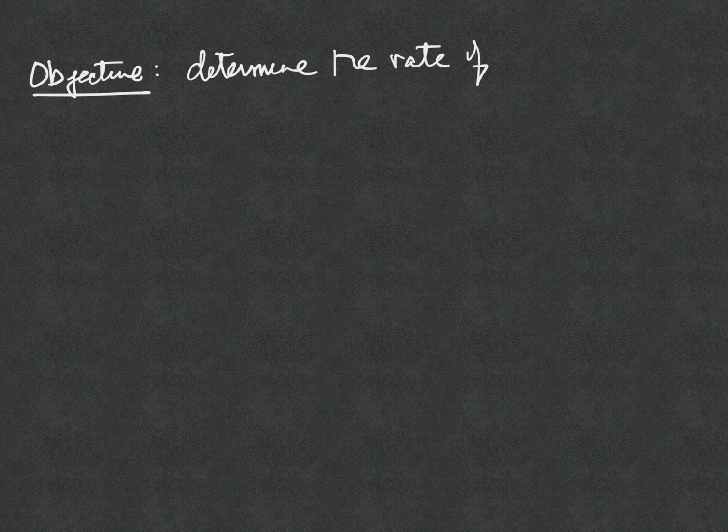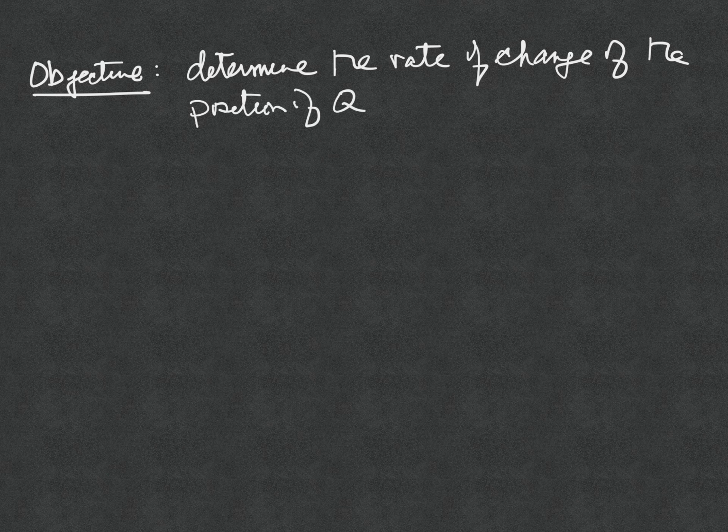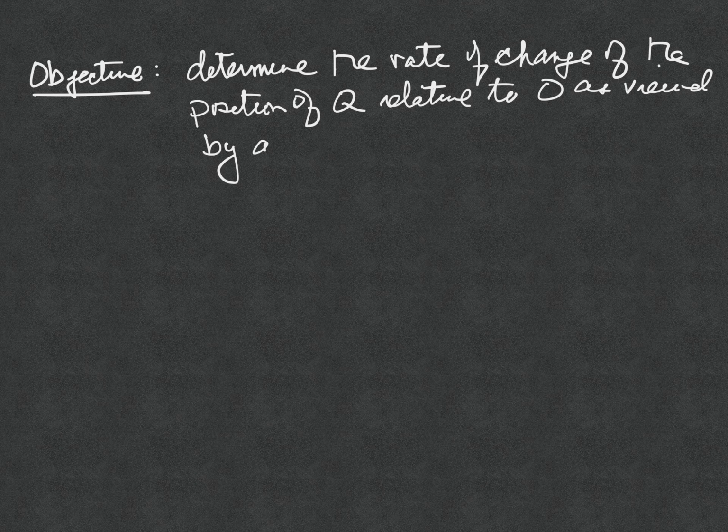So the objective is to determine the rate of change of the position of Q relative to O as viewed by an observer fixed in D and G.